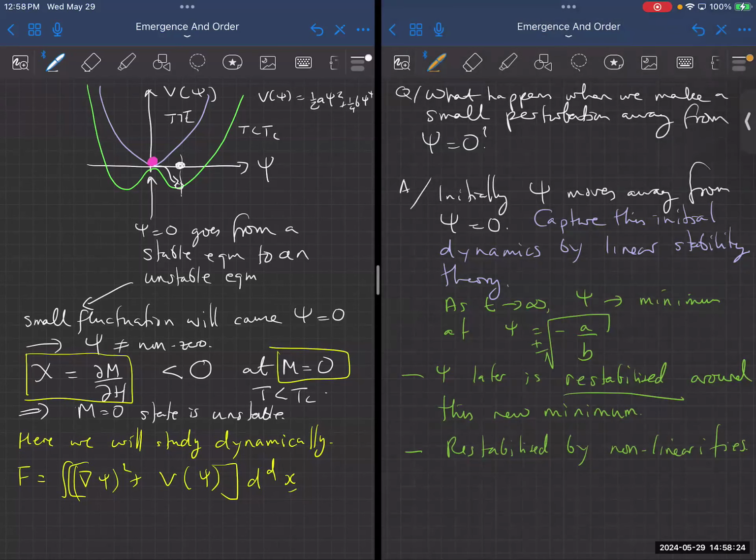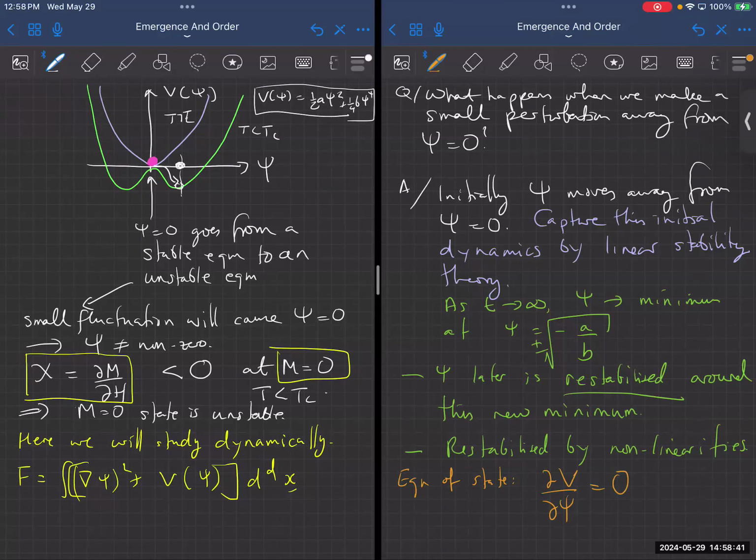Well, of course, the whole potential is nonlinear, but when I look at the equation of state, that comes from looking at dV by d psi equal to 0.